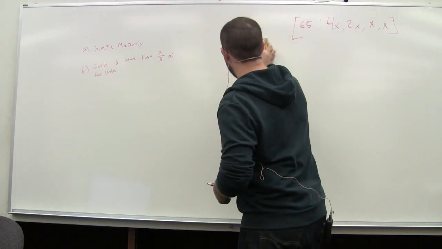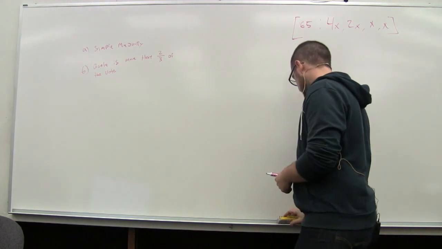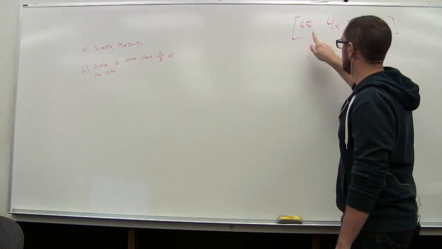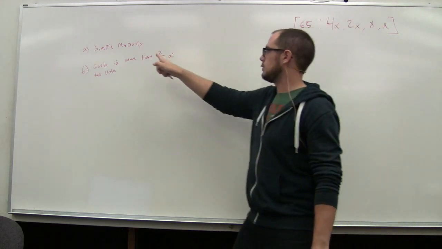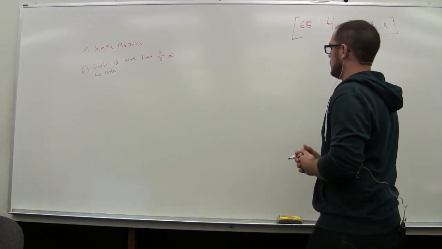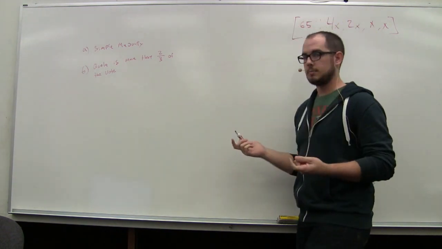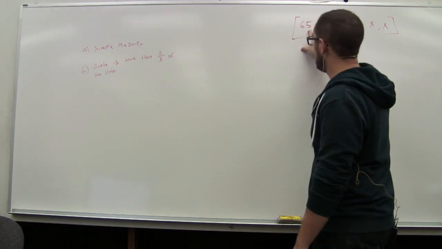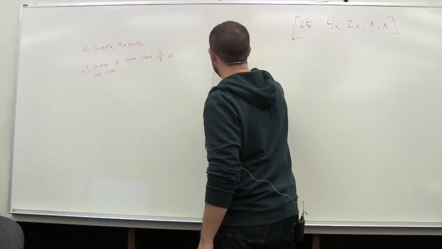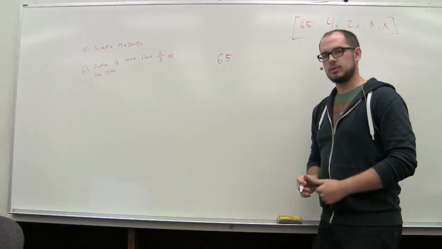Now if we start part A, we're told to find each player's actual weight given this number, and we're told that it's a simple majority. Using what we know about simple majorities, we're going to take this number and work backwards from it. We have the number 65, and we know that that is a simple majority.